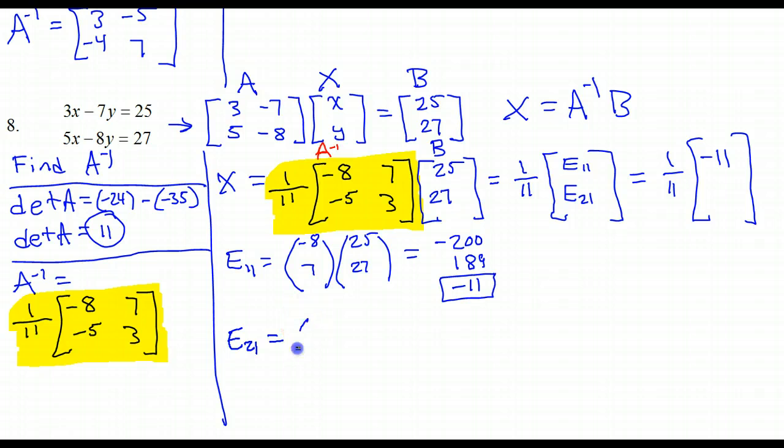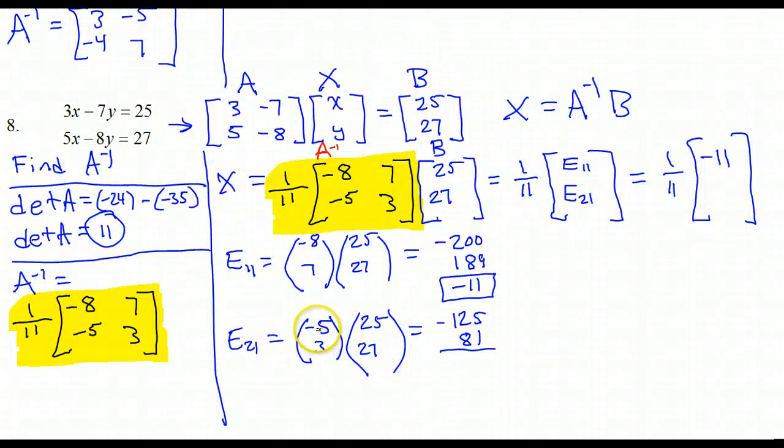Second row is my -5, 3, and of course the first column is my 25, 27. So -5 times 25 is -125. 3 times 27 is 81. So that's going to give us -44. Whoa, that doesn't look right. -44. So that'll be -44 right there.